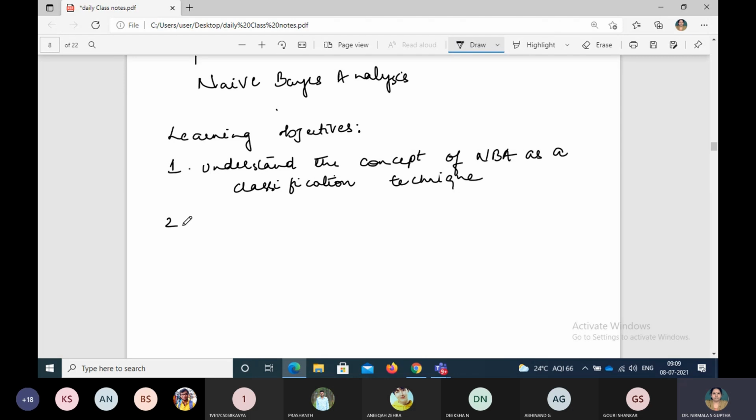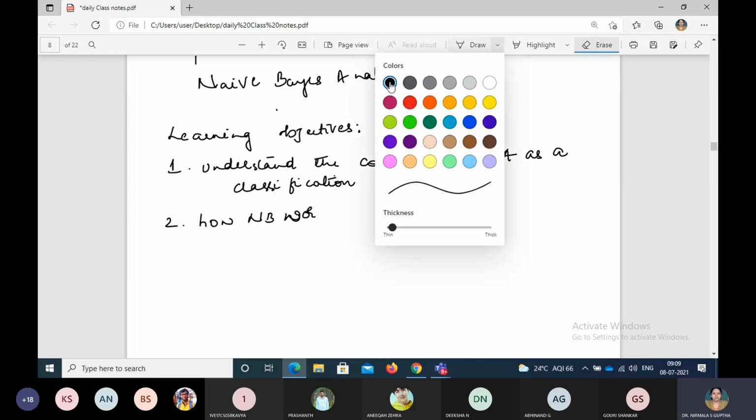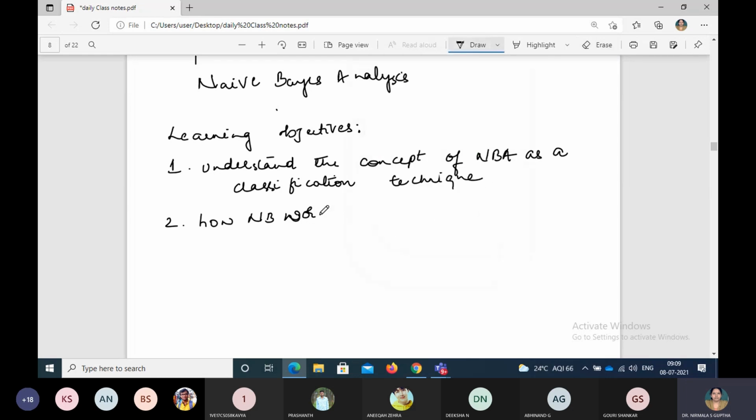The second objective, we are going to learn about how the naive-Bayes model works.